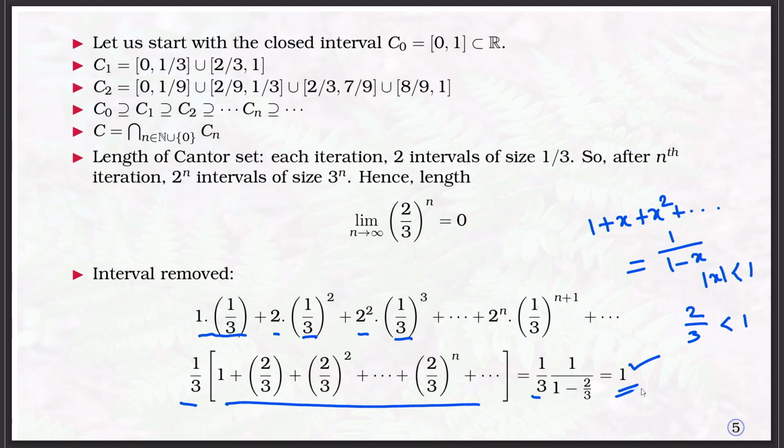So what does this 1 represent? In each iteration process, we are removing a certain interval, and finally we calculated the sum of all the intervals removed from the closed interval 0, 1.